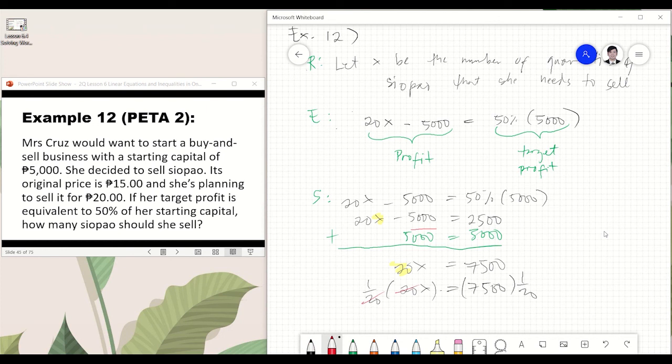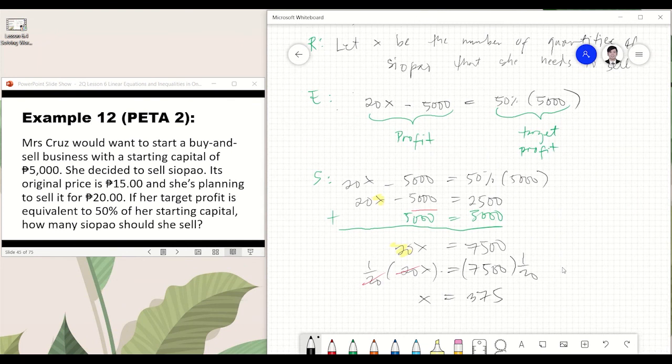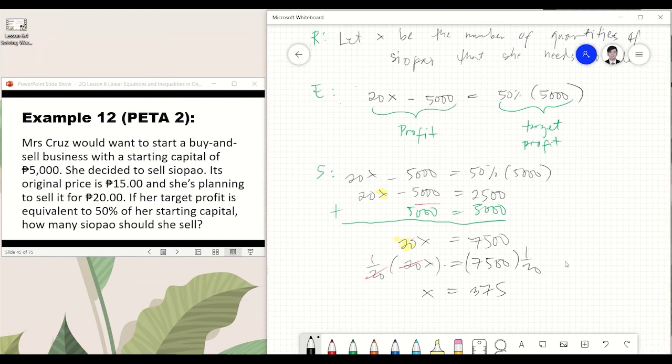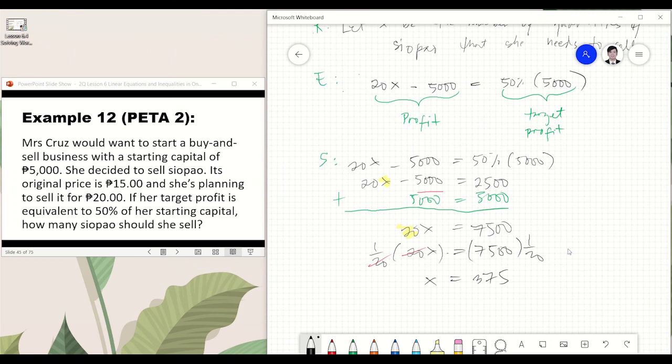Cancel mo yung 20, yung matitira x. Then finally, you have 7,500 divided by 20. And you will get 375. So, ibig sabihin nun, kailangan magtinda si Mrs. Cruz ng 375 siopaws para makuha niya yung target niya na profit.